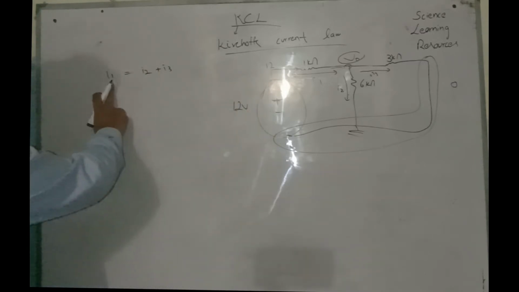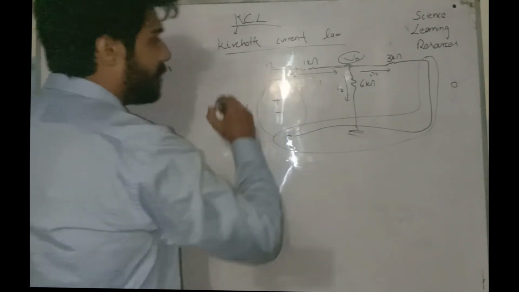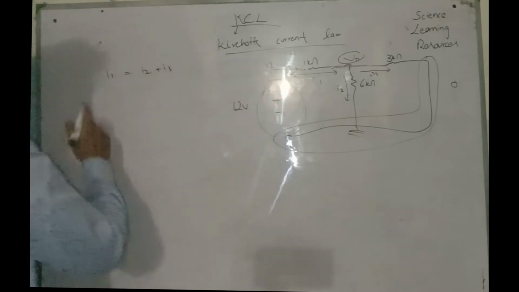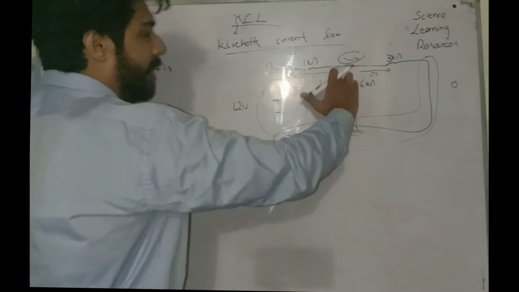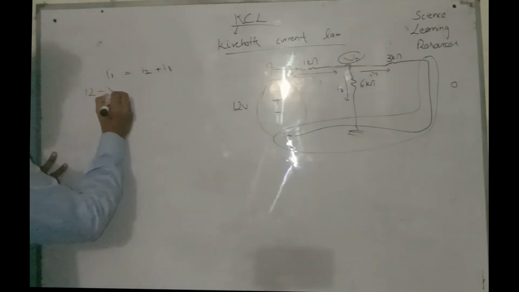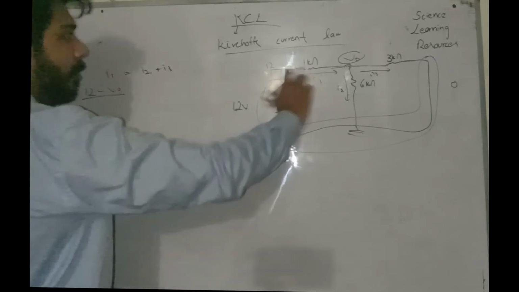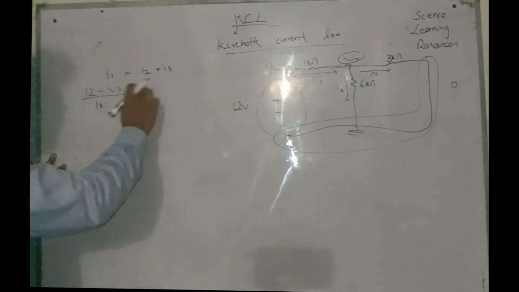So from here, what is I1? In the case of I1, you have to see what is at its tail. At its tail it is 12. So you write 12 minus what is at its arrowhead, which is V0, divided by 1 kilo ohm of resistance. And what about I2?